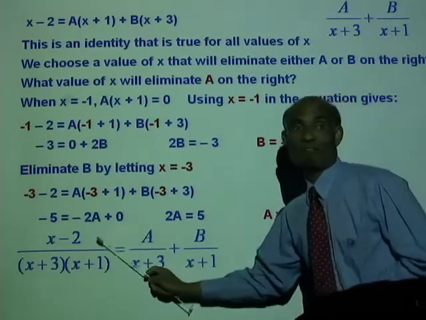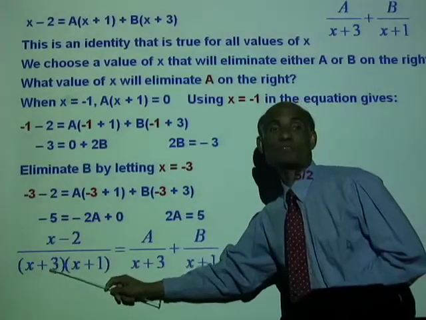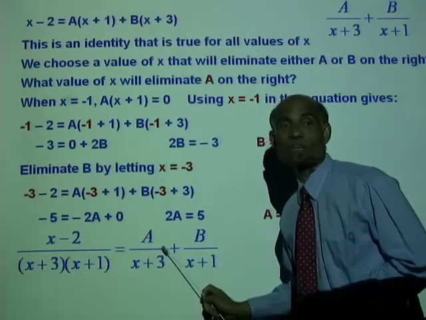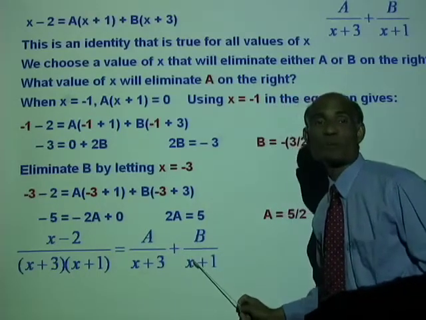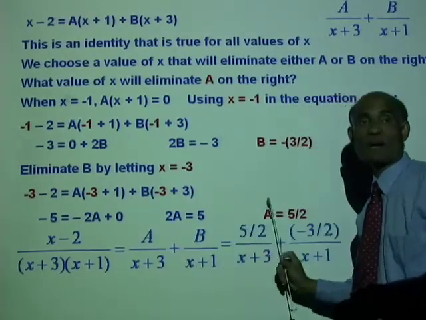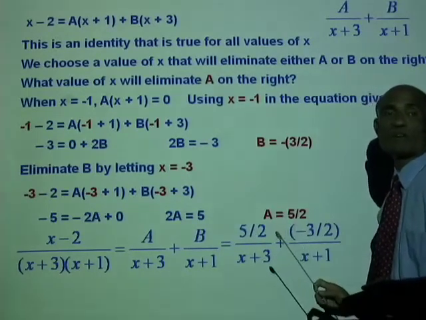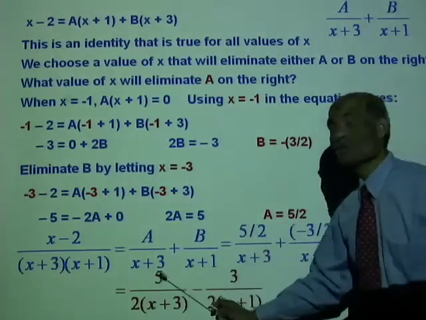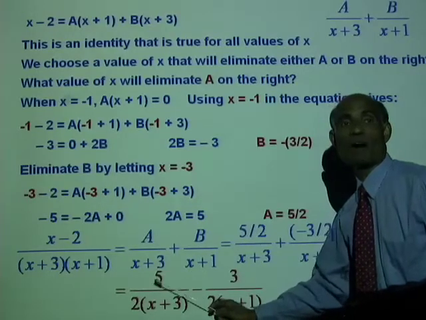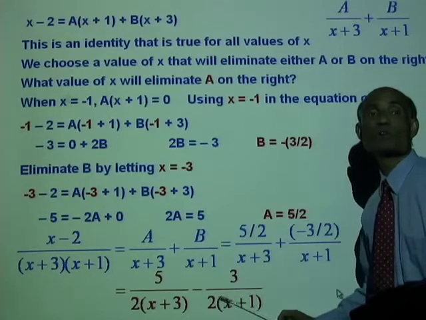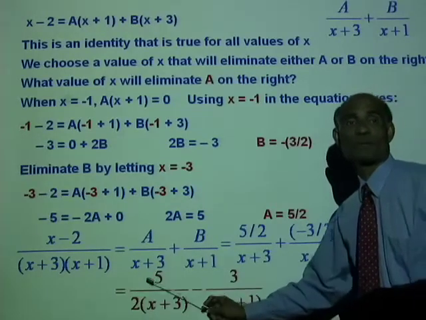So we have x minus 2 over x plus 3 times x plus 1 is a over x plus 3 plus b over x plus 1. Replace a by 5 over 2 and b by -3 over 2. And look what we have. That would be 5 over 2 times x plus 3 minus 3 over 2 times x plus 1.